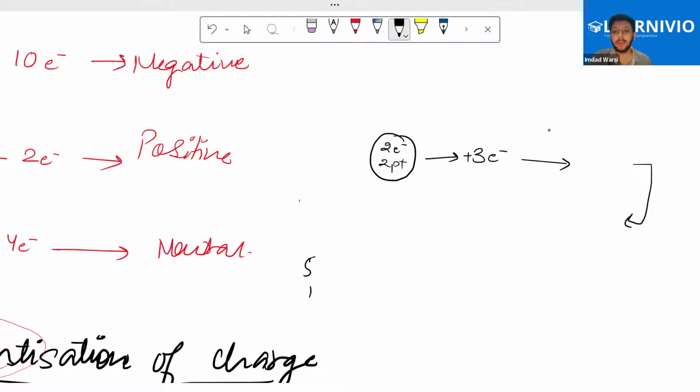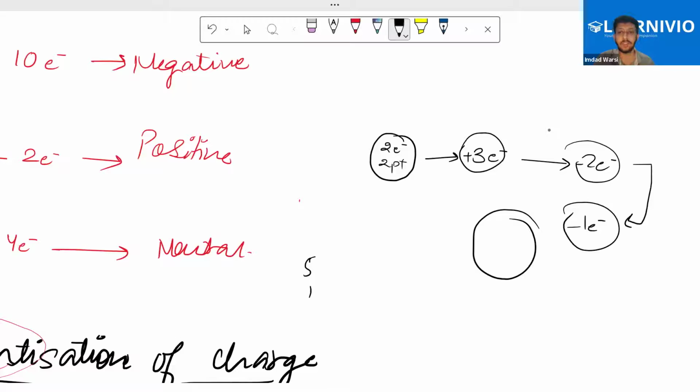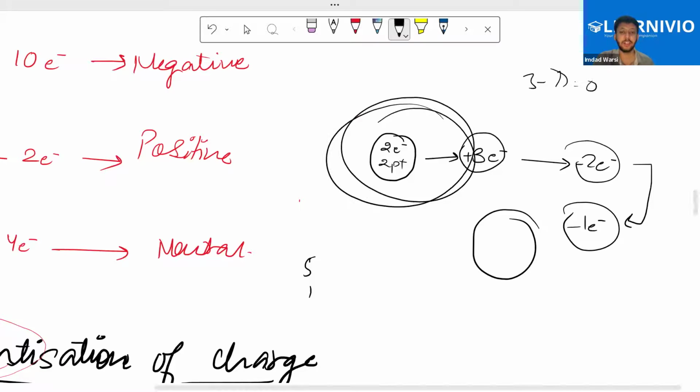Then I removed 2 electron, then I removed 1 electron. What is the charge on the body? It will be neutral, because I gave 3 and then I took 3. So 3 minus 3 is equal to 0. So it will be the same condition. That is neutral, not uncharged. Uncharged is different, neutral is different.